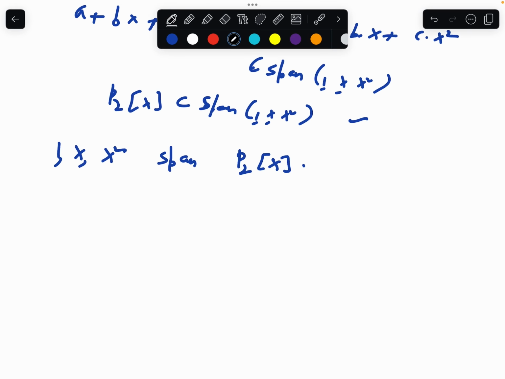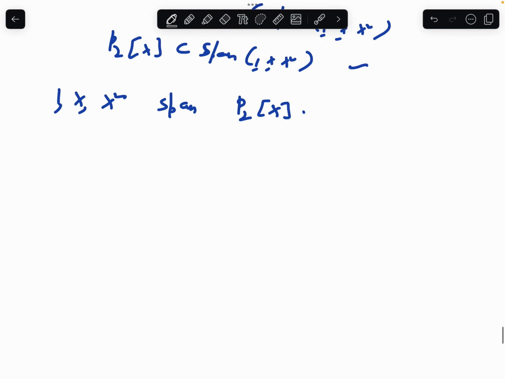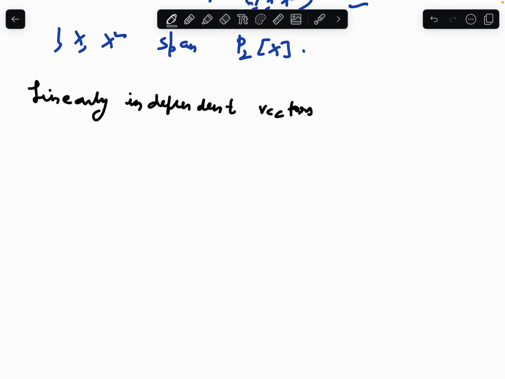Now let's move on to linear independence of a set. Linearly independent vectors, definition.